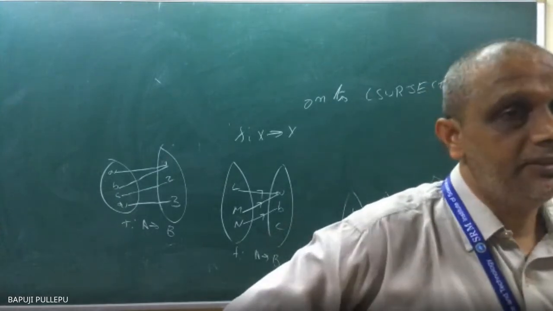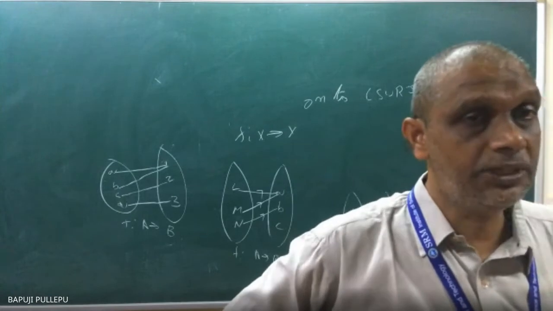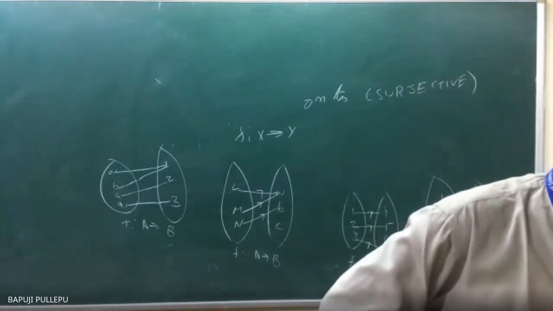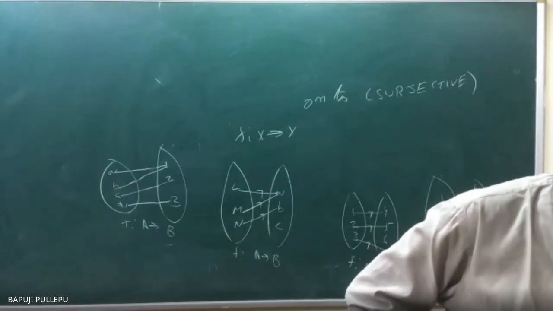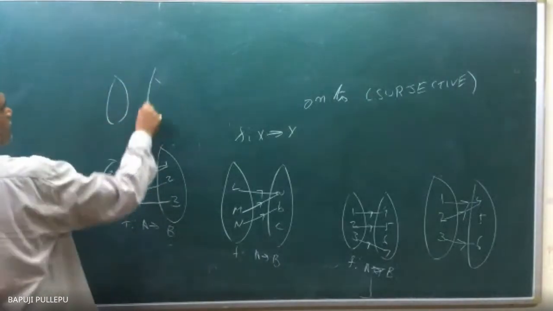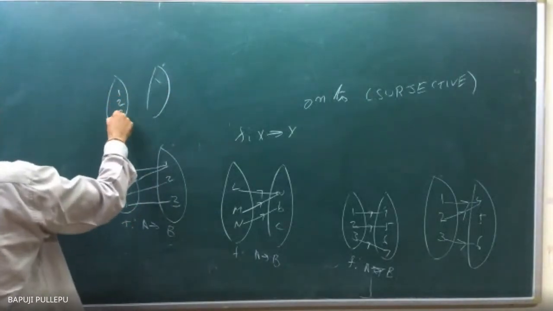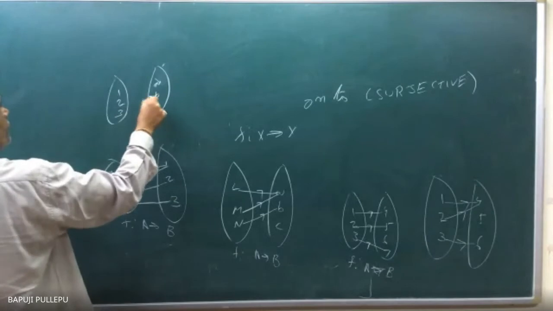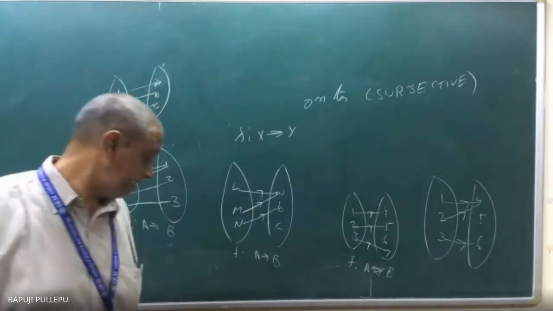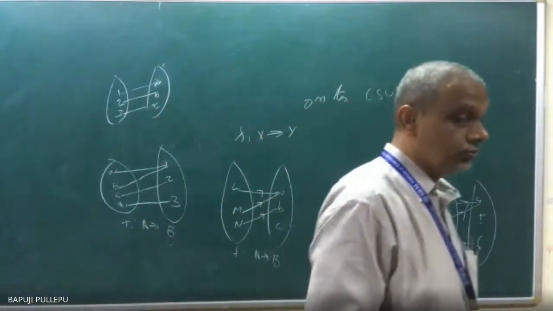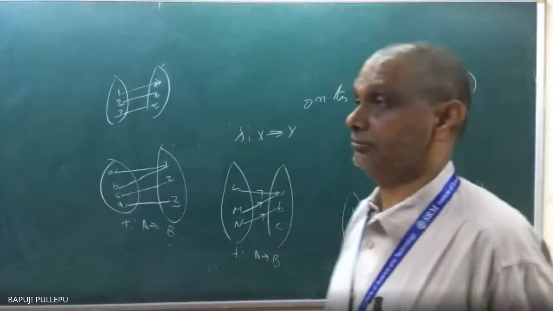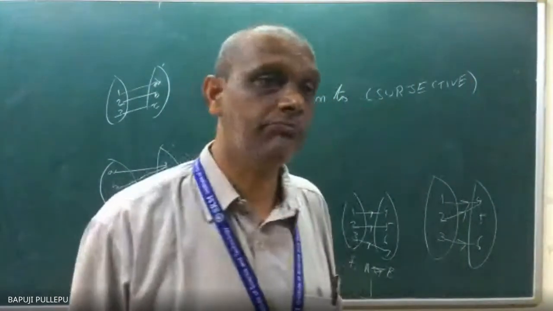A mapping that is injective and surjective is called bijective. If both are satisfied, it is bijective, meaning one to one and onto. Both are satisfied, so you can say it is what? What's the name?